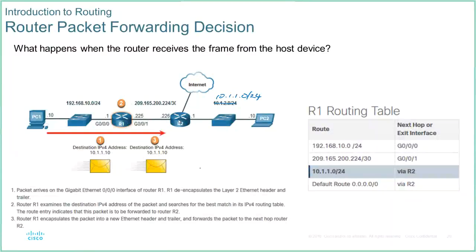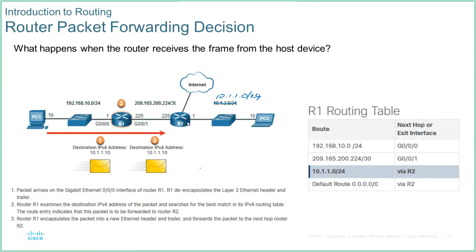What happens is router 2 knows every network that is directly connected to it, and it will share its information with router 1. Router 1 knows these two networks are directly connected to it and shares that information with router 2.